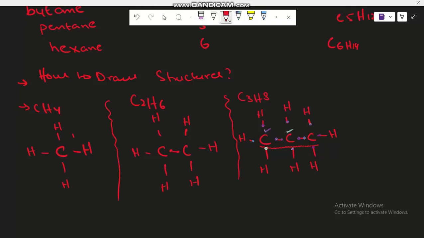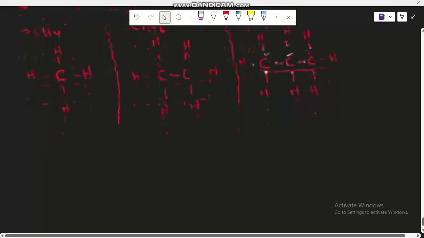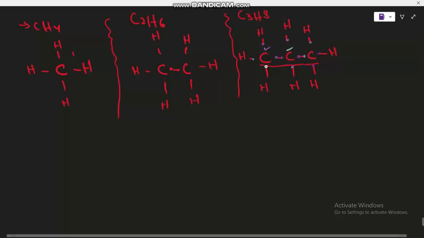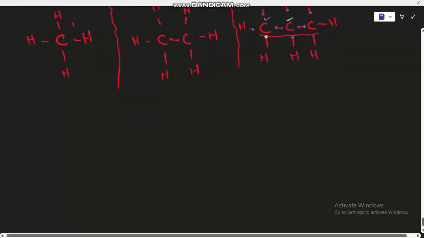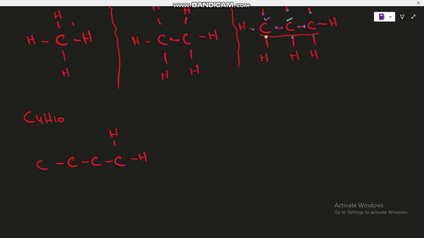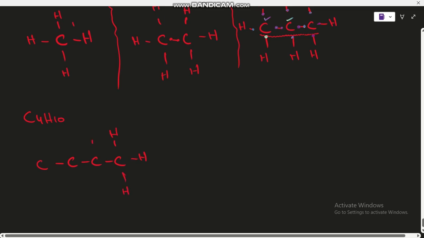Okay, now let me go downwards and look at C4H10. Again, draw the carbon chain first, and then all you have to do is make the hydrogens. Pretty easy, right? Let's draw one more after this, and then we are done with the structures for alkanes.